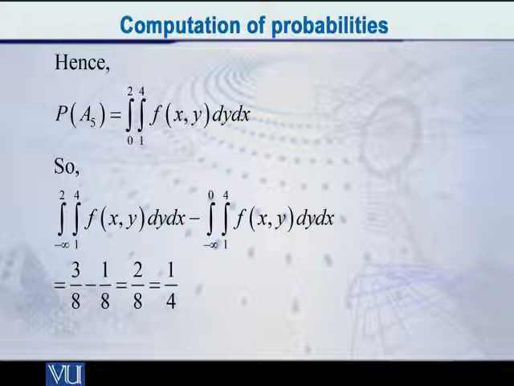This particular integral can be written as the integral from minus infinity to 2 as far as x is concerned, and the integral from 1 to 4 as far as y is concerned, and then that expression minus the integral from minus infinity to 0 as far as x is concerned, and the integral from 1 to 4 as far as y is concerned.